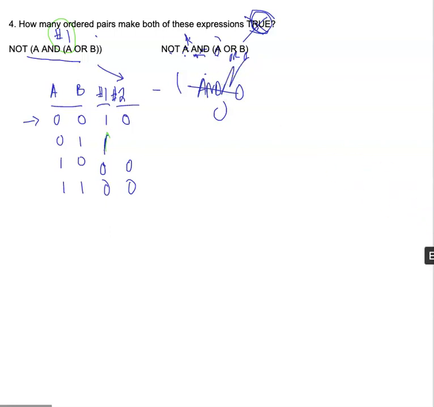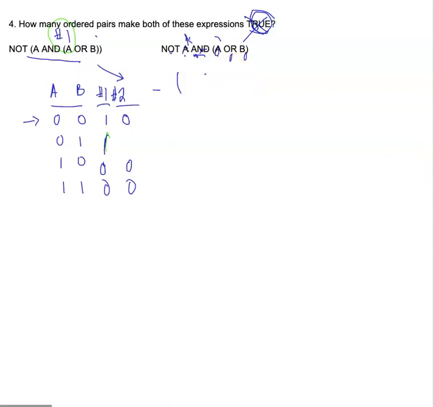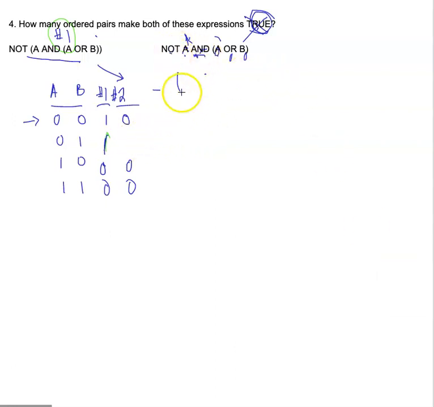Plugging in this last ordered pair, 0, 1. Plugging in a 0 and a 1. Okay, so this is a 0. The not of 0 is 1. We have an AND to rewrite.